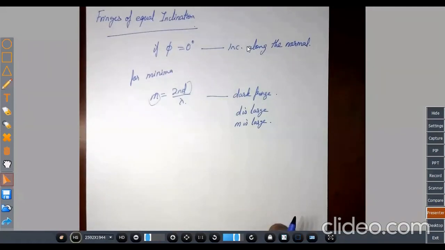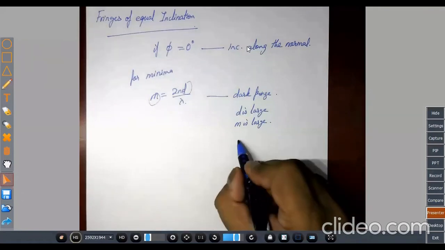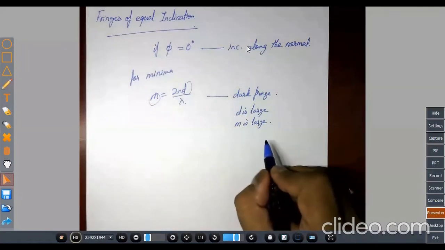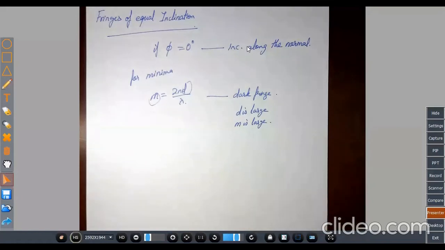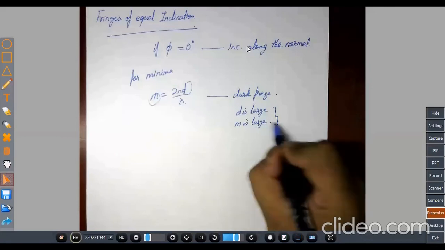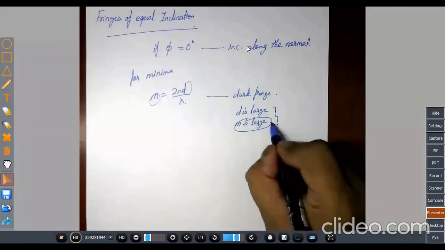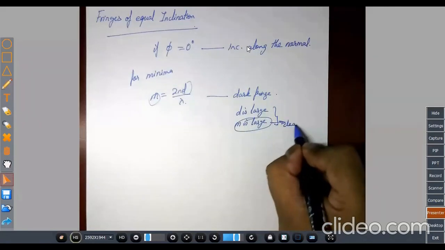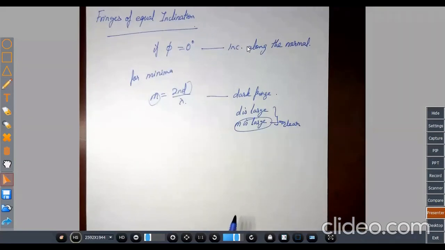That means that the distant source is bright, which can only be possible with a large order. This will give me a clear image. The more the number of orders, the more clear is the image.